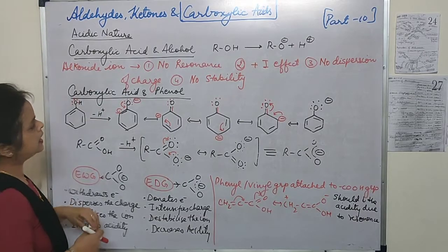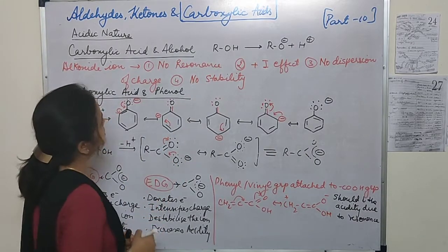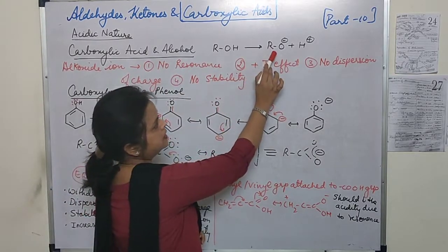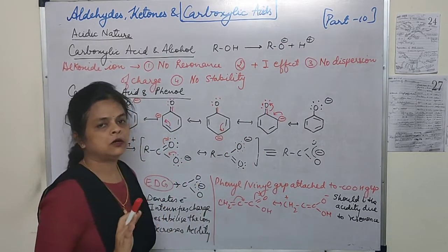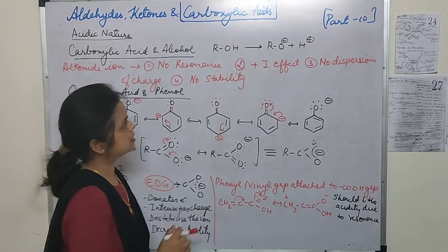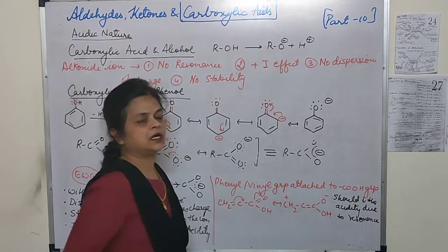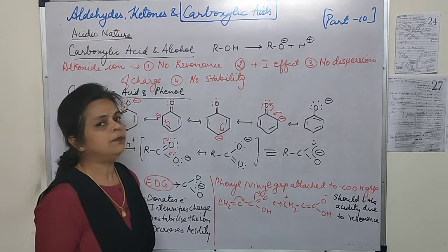For this alkoxide ion, I had written four points just to summarize the reason. First one, no resonance. In this alkoxide ion, where the negative charge is present on oxygen, we do not have any resonating structures. Second, plus I effect. The alkyl group attached to the oxygen exerts a plus I effect.